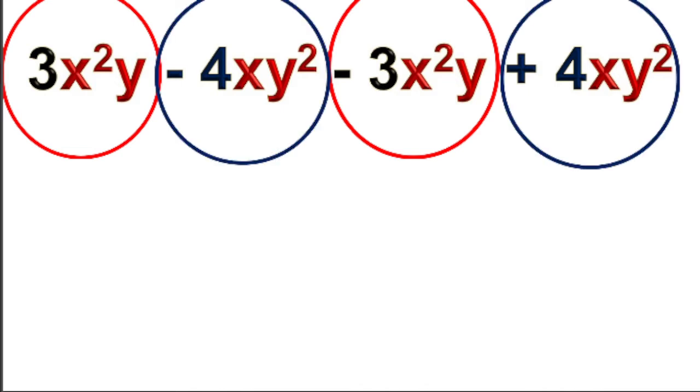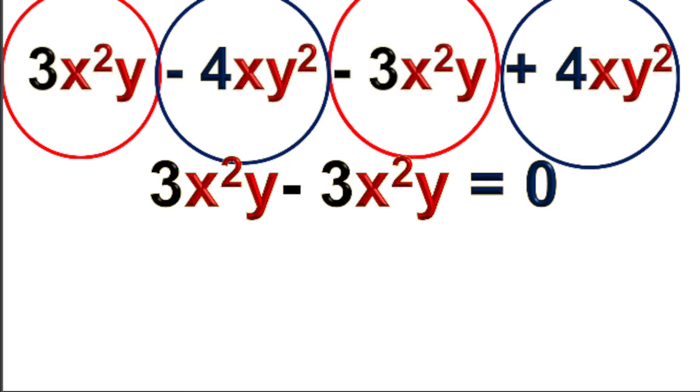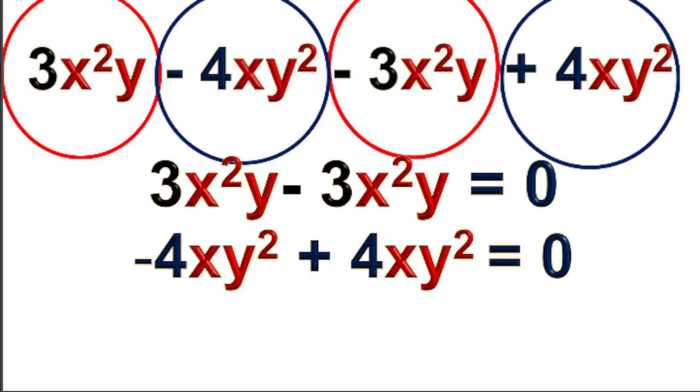And negative 4xy squared and 4xy squared are like terms also. 3x squared y minus 3x squared y is 0. And negative 4xy squared plus 4xy squared is also 0. Therefore, the answer is 0.